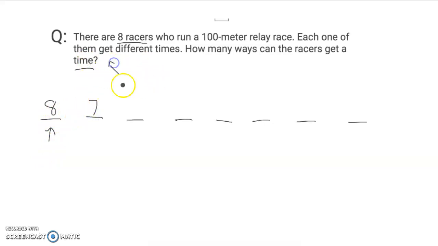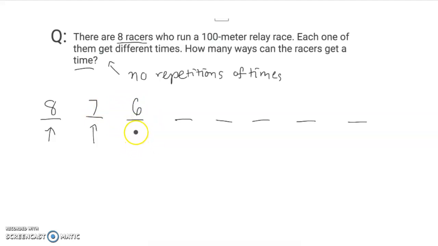Also, let me make this clear in the problem. There would be no repetitions of times. Now, since this spot over here took 1 time, the next spot can take 6 times. Now, this spot already took 1 time, so it'll be 5 times.